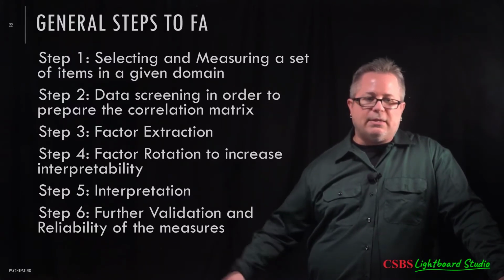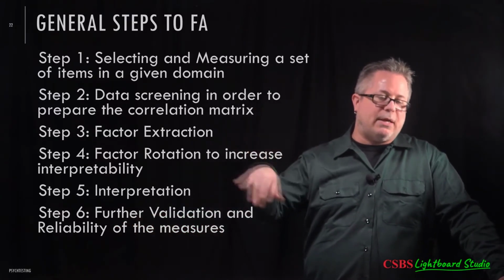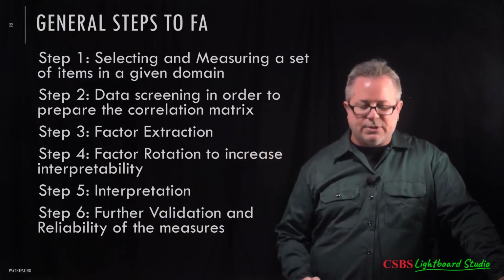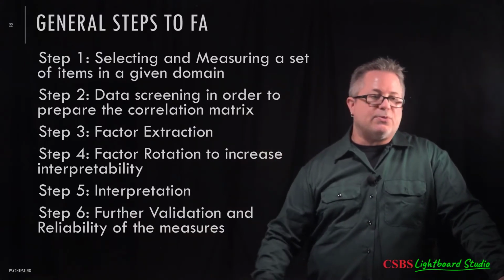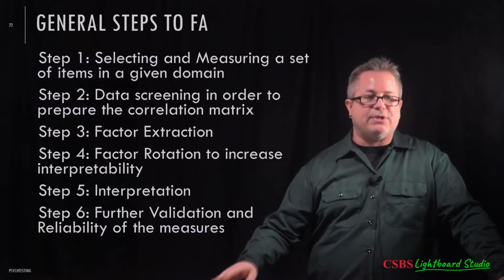We can apply things like Cronbach's alpha to the items on a factor to see the internal consistency of those items. We can then do test-retest reliability of the questions to see if we're able to capture the same factors again and see if they're reliable.